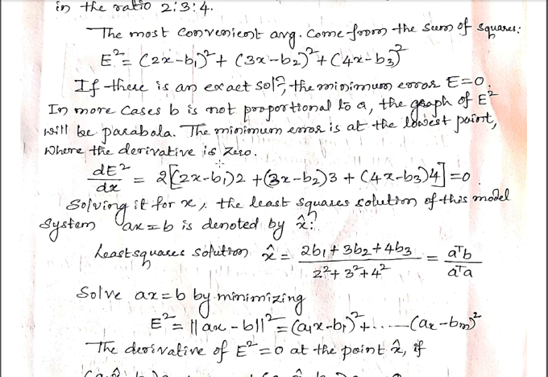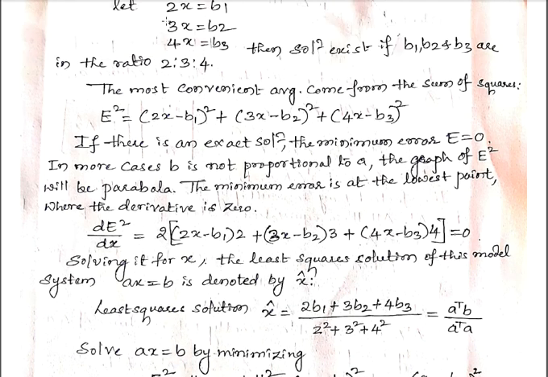Our a is 2, 3, 4. So A transpose, because this is in the column space, and now we have this one in the row space.